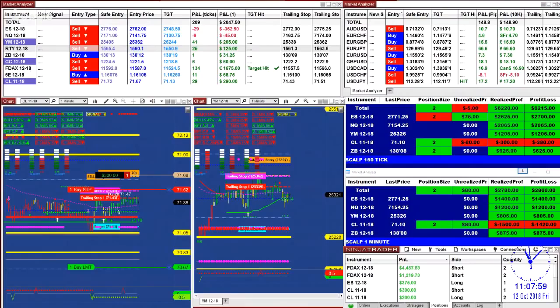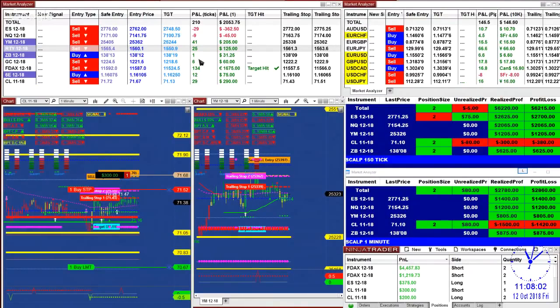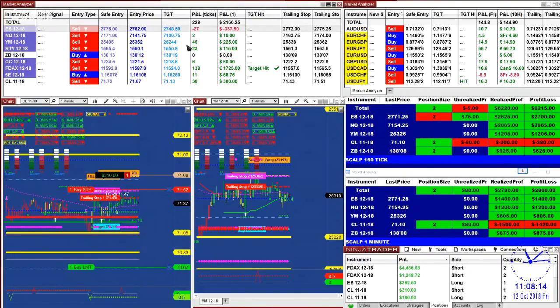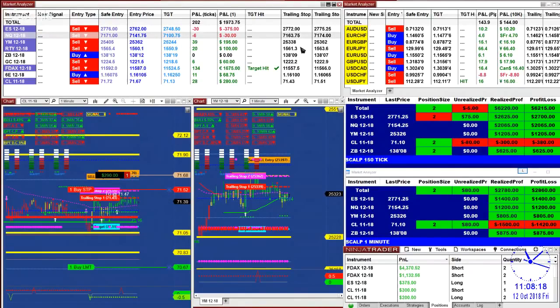There are no more trades, and you will see the signals coming here on the first column. It tells you short or sell or buy, and it gives you the entry and the target. Right now, we are down 27 ticks on this one. Nasdaq is flat, and on the YM, we are still in the same trade.